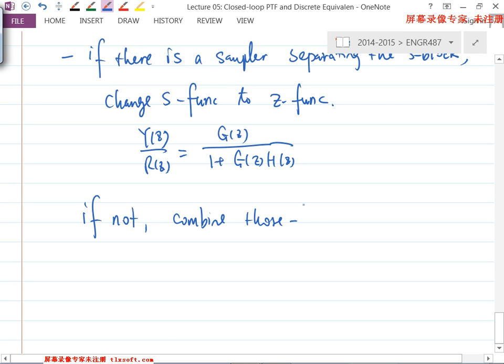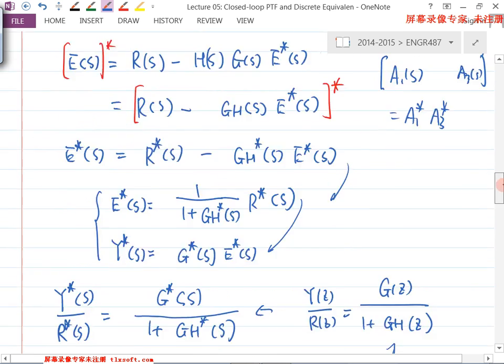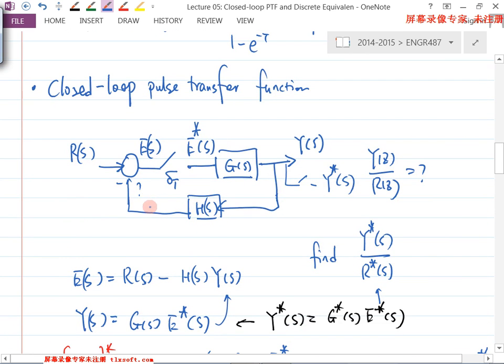Combine those S blocks until the next sampler shows up. Basically, like here, there might be another S block, another S block, so all you need to do is combine everything together until here.